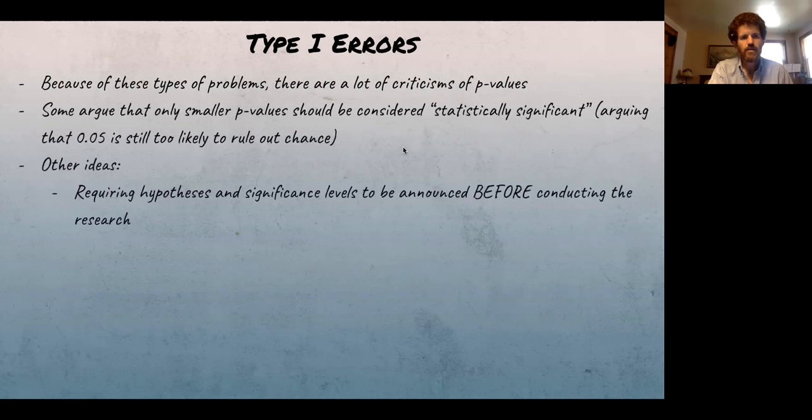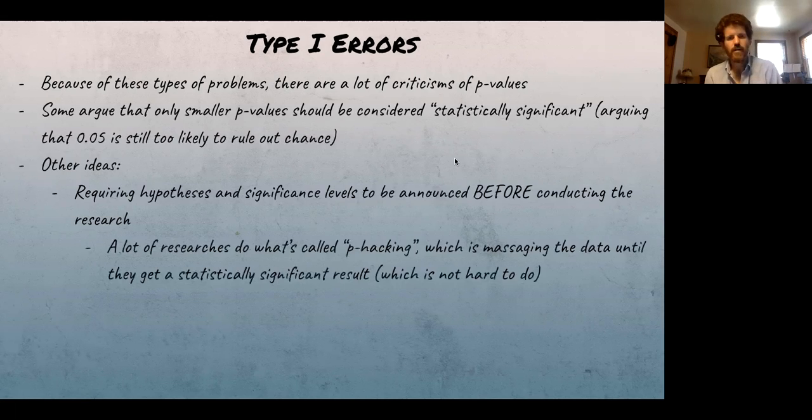Here's other ideas. So there's such a thing as p-hacking. And I don't know if you've ever heard that term, but p-hacking is where you collect a bunch of data, you just kind of throw it into a statistical blender, and you figure out what comes out. And then from there, you revise your hypothesis, your significance level.